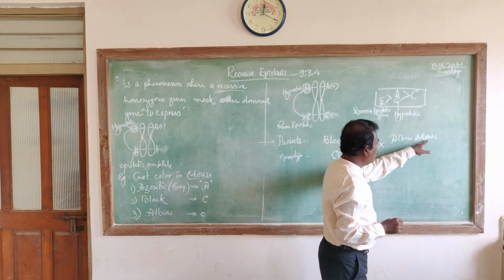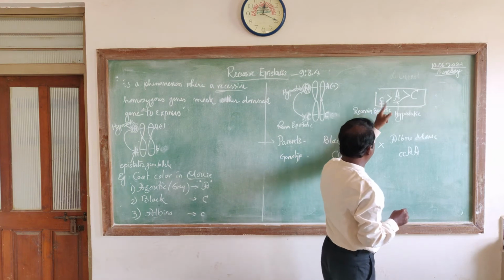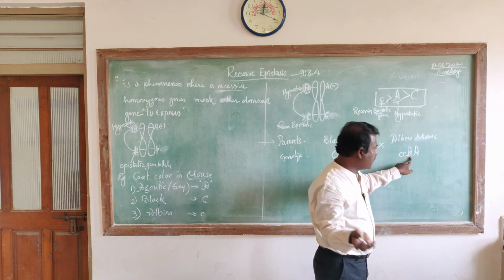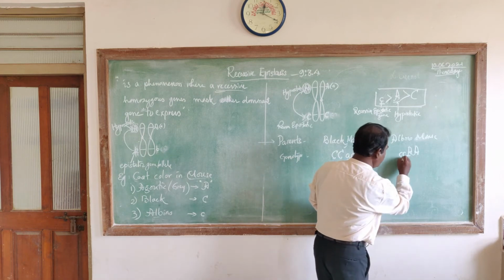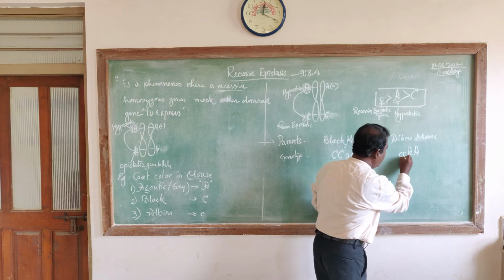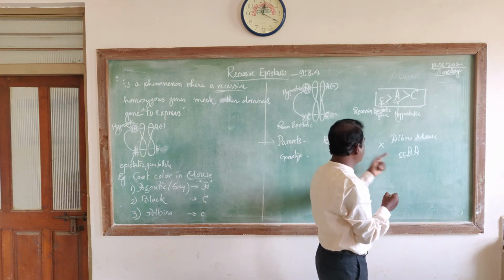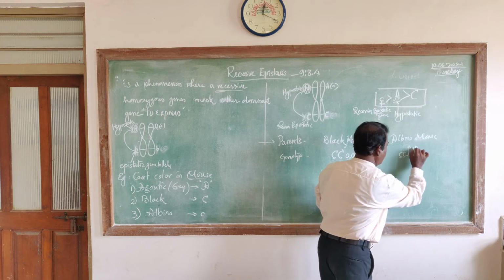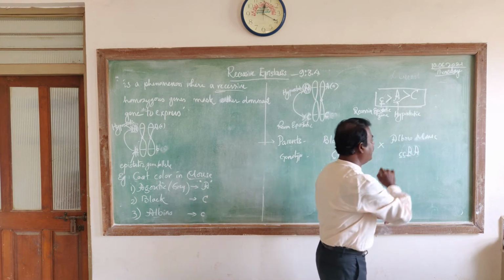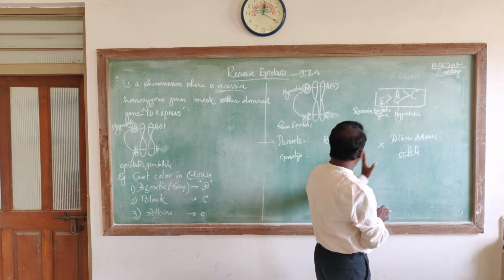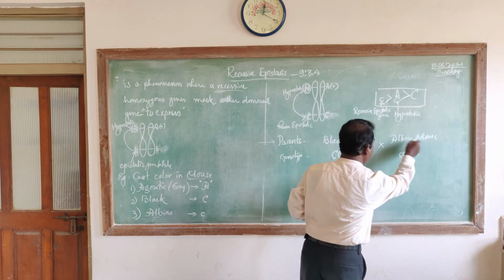Whereas albino, so as to understand this, look at it: this capital A gene is to express agouti color, but it is being masked by the recessive allele of capital C, that is small c, which can mask the expression of capital A gene, so that this is non-agouti and non-black, so that it is albino.